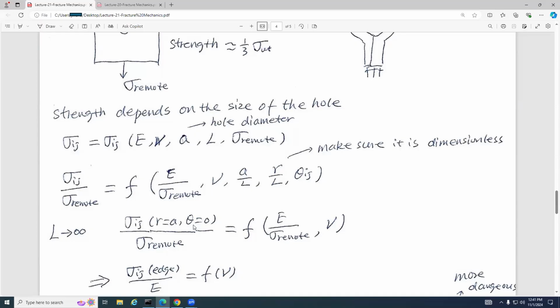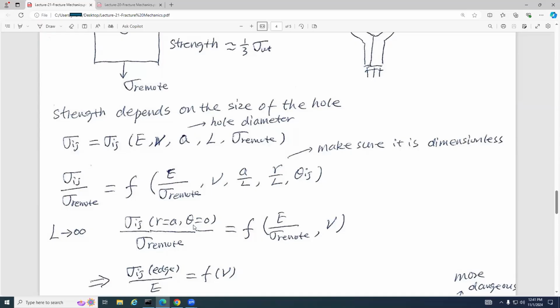Because L is very huge, these terms go to 0, and the orientation is 0, so I only have this variable and this variable.